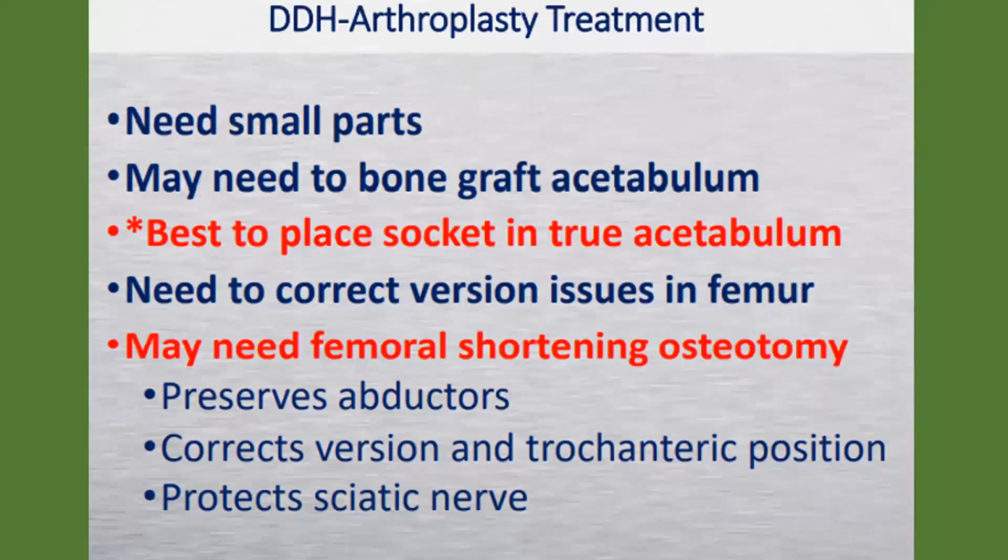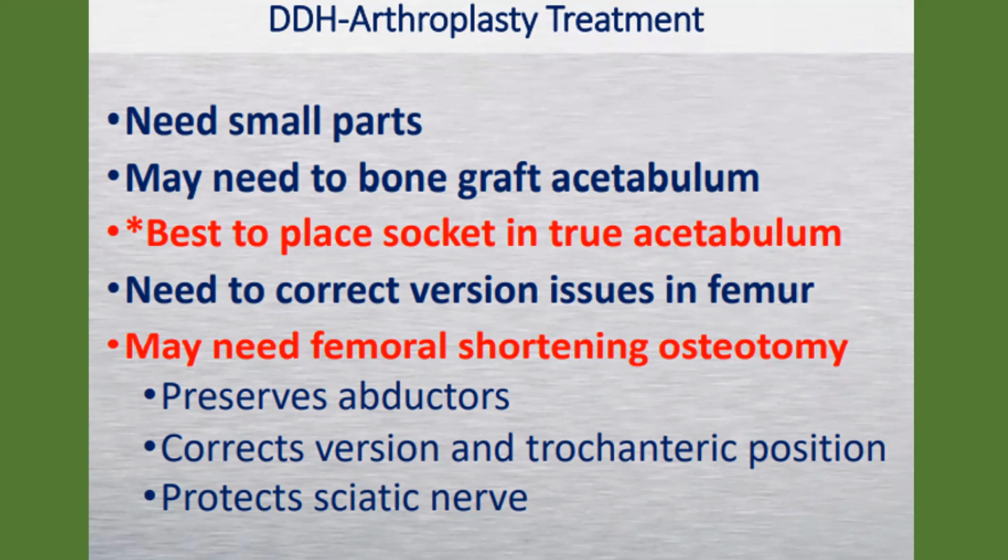So, I'm telling you, young surgeons, with DDH, you need small parts. You may need to bone graft the acetabulum. And it is best to place the socket in the true acetabulum. We know that biomechanically it's more effective.